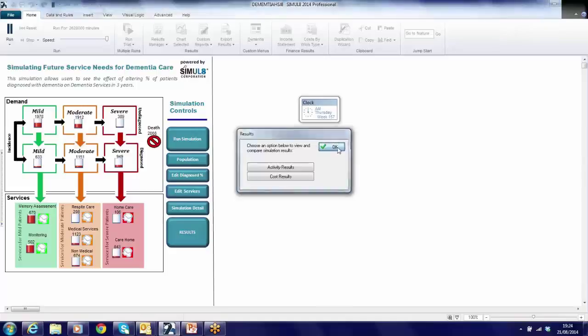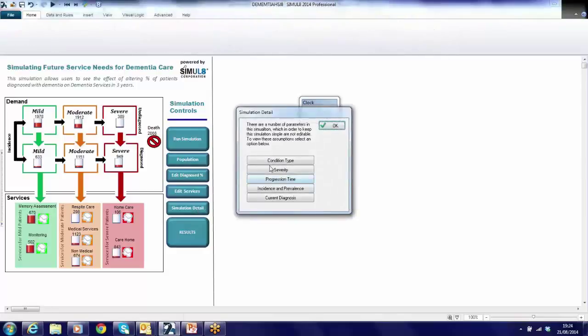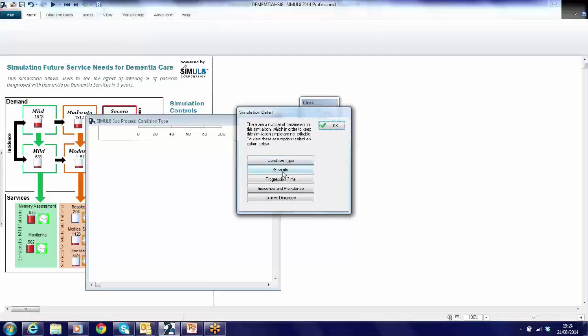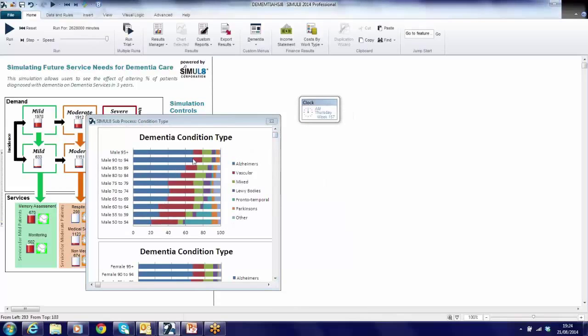Now, the way that this model works is that you're able to select a population, and then you can look at the detail of the simulation. So what we've got here is condition types. We're looking at the different types of conditions and how that affects people at different age bands.